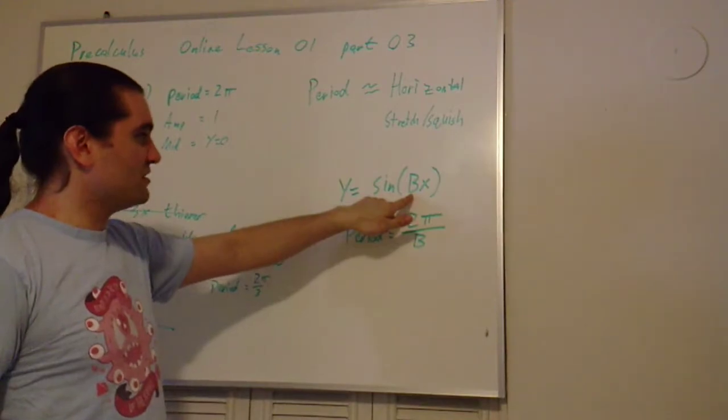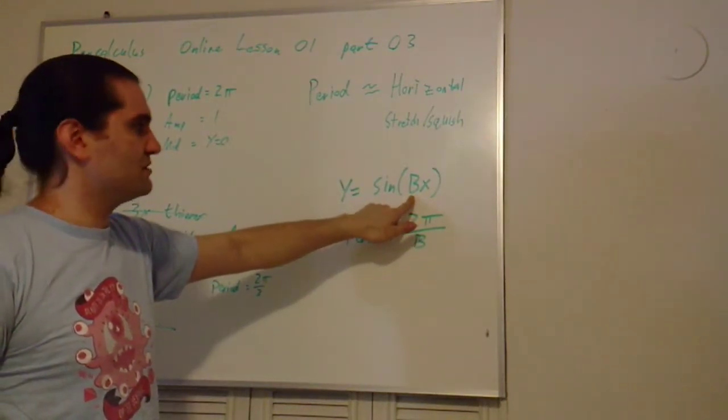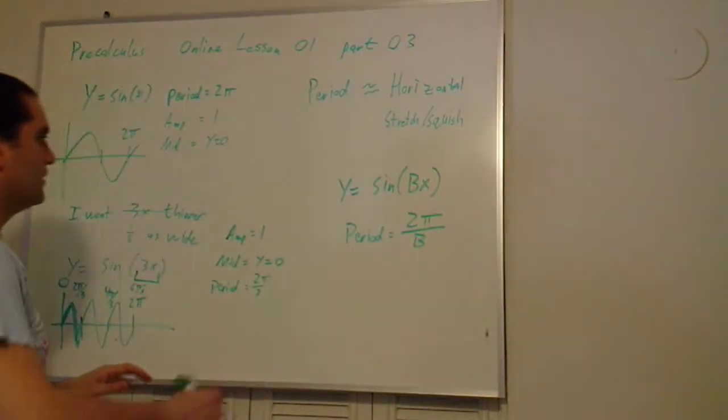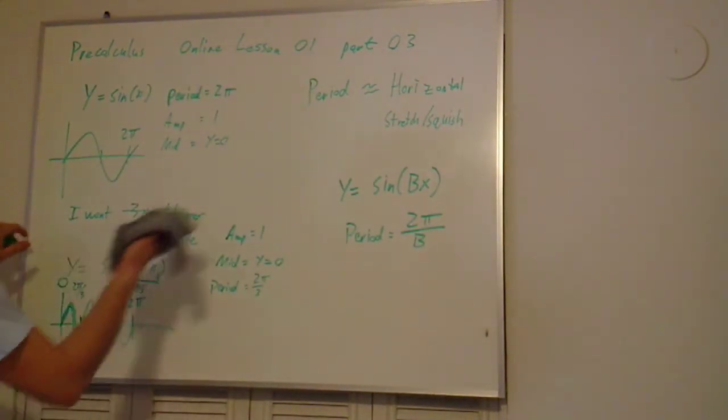If you put a fraction in here, as far as horizontal transformations go, putting a fraction in there would make this thing wider. Let me find a place to do that. Let's go back up here.